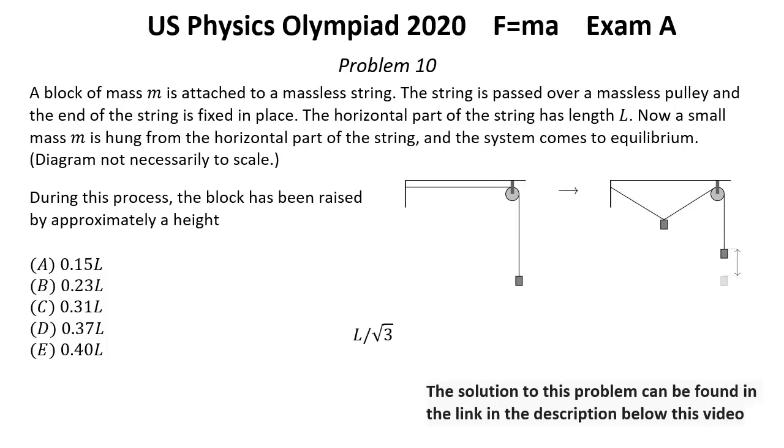The change in length is L multiplied by 2 over square root of 3 minus 1, which is approximately 0.15 L, which is equal to the increase in height of the block. That was answer A, and that was the solution for problem number 10.